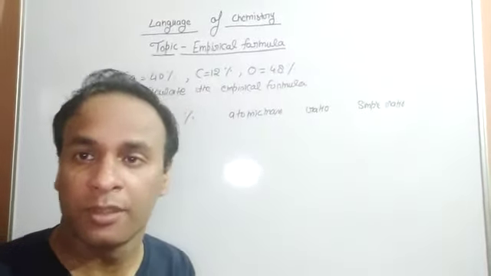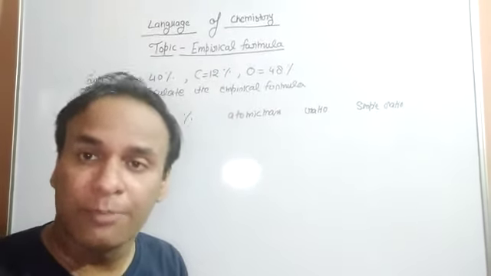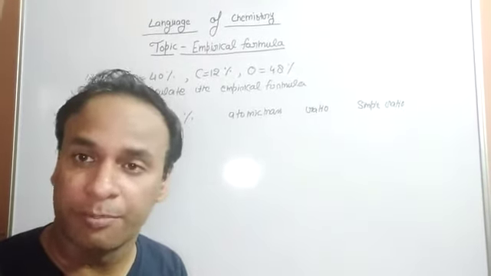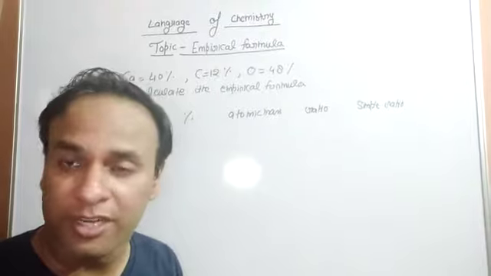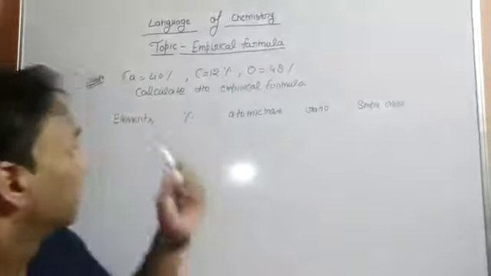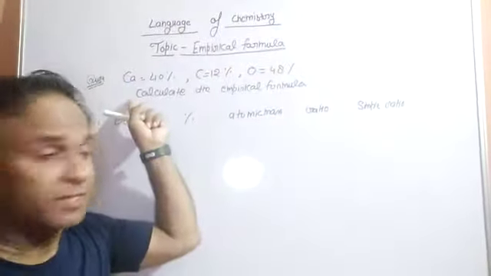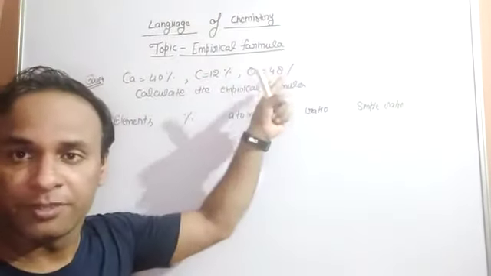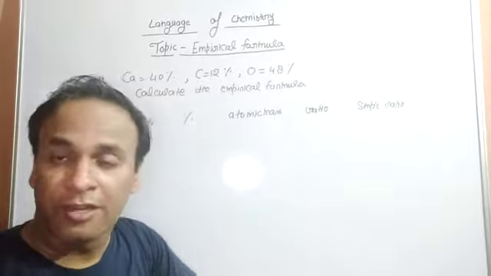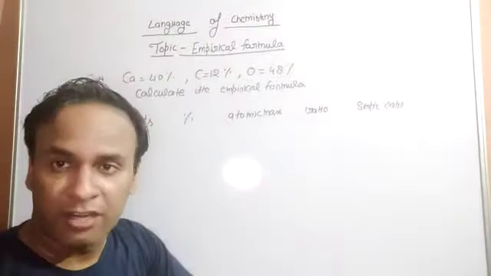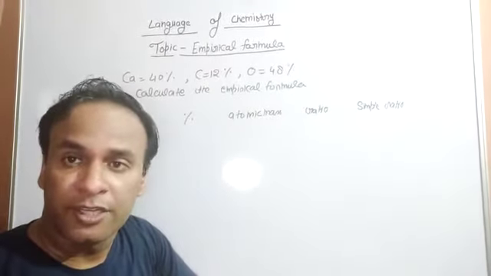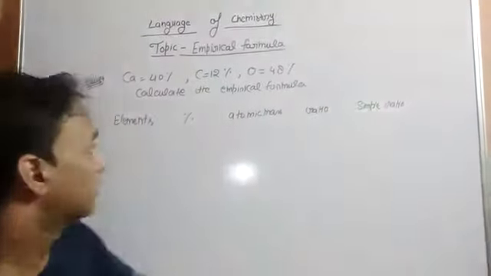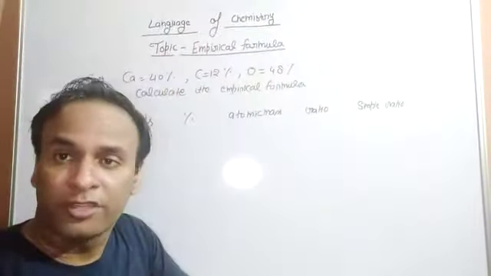Now with the help of percentage of elements, we can also calculate the empirical formula. How? Suppose in a question the percentages of elements are given: calcium 40%, carbon 12%, and oxygen 48%. Now you have to calculate the empirical formula. Listen.